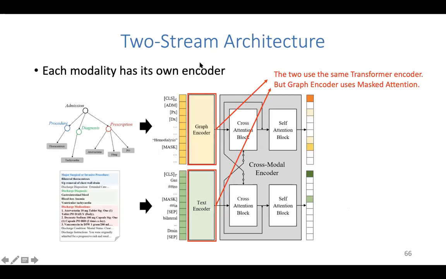So here, both graph encoder and text encoder are now implemented based on transformer encoder. It's just that the graph encoder uses masked attention, and that's the only difference between these two architectures.